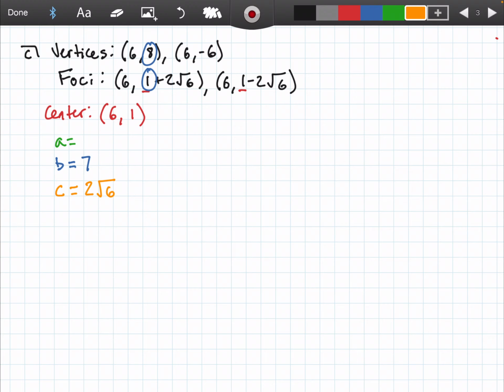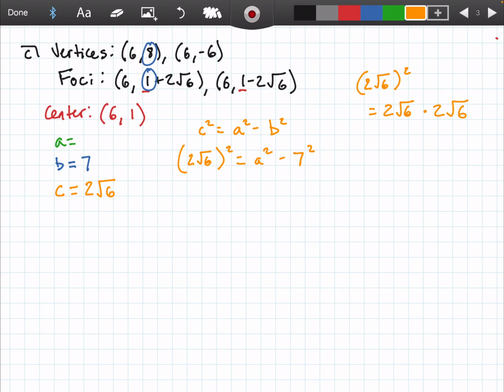So once again, I'll do c squared equals a squared minus b squared. So 2 square root 6 squared is a squared minus 7 squared. Just a reminder, when you are doing 2 square root of 6 squared, it's like 2 square root 6 times 2 square root 6.